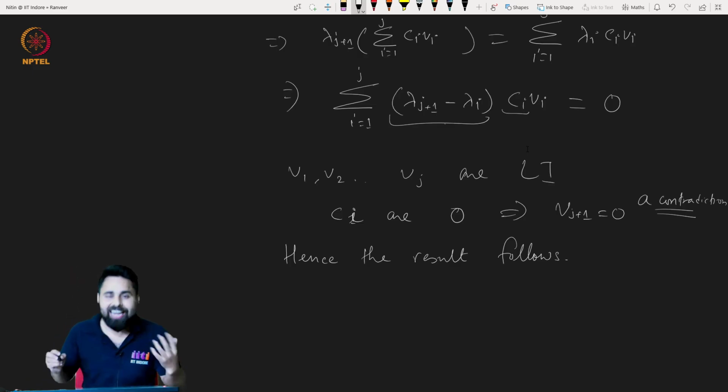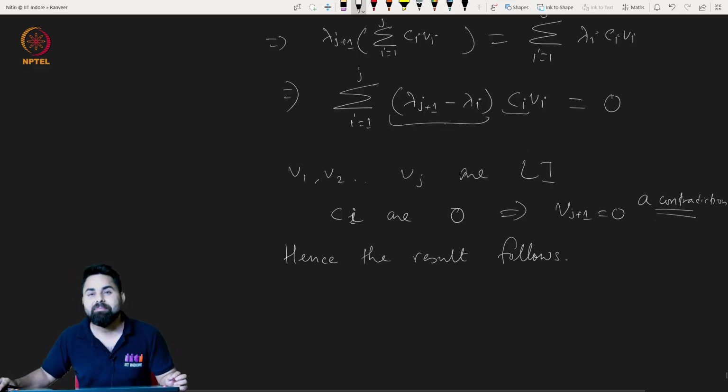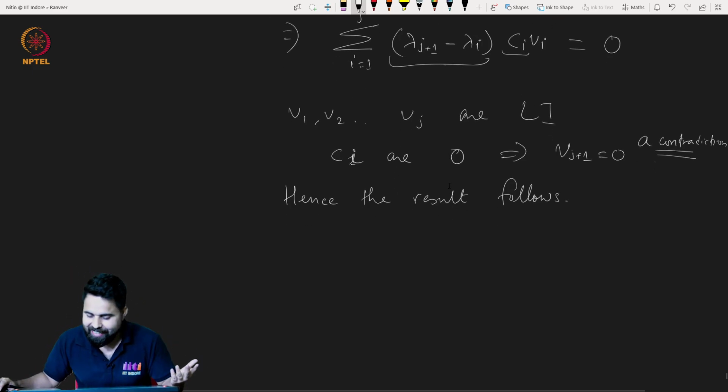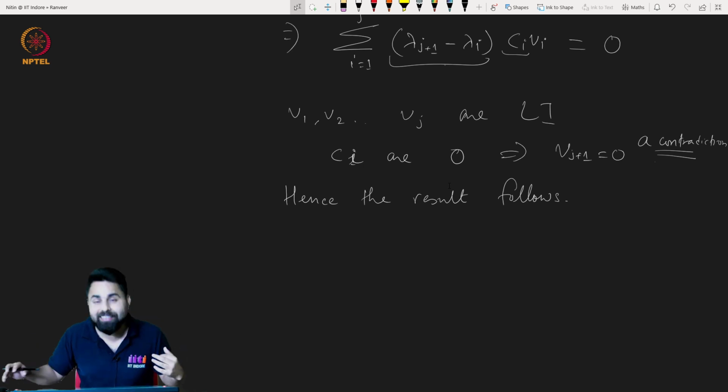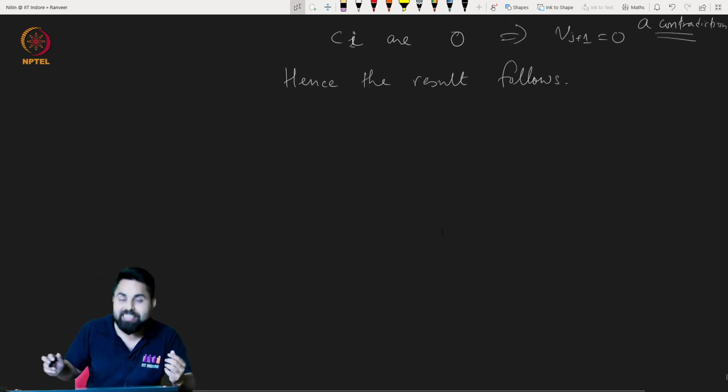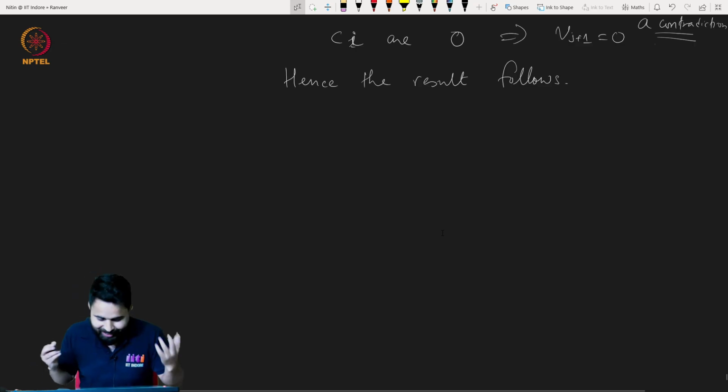Now let us see another result. Whenever the matrix is symmetric and the eigenvalues are distinct, we can say in fact much more than just linear independence. This time we can say something about orthogonality.